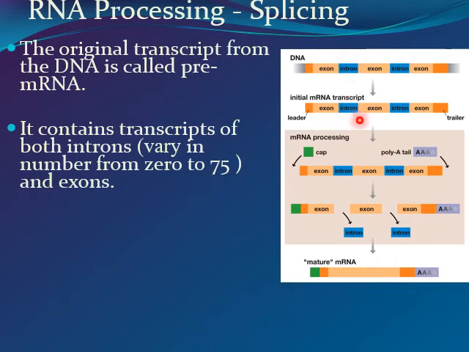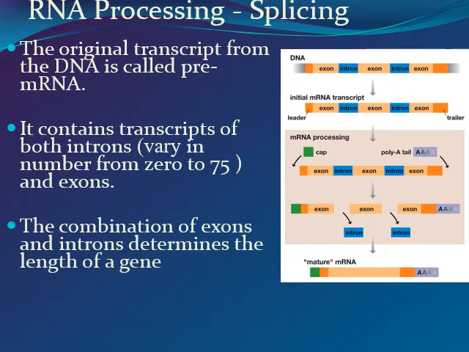The other type of sequence is called an exon. It is called the coding sequence, which means it is transcribed and translated into polypeptide chains. The combination of exons and introns forms the length of the gene.